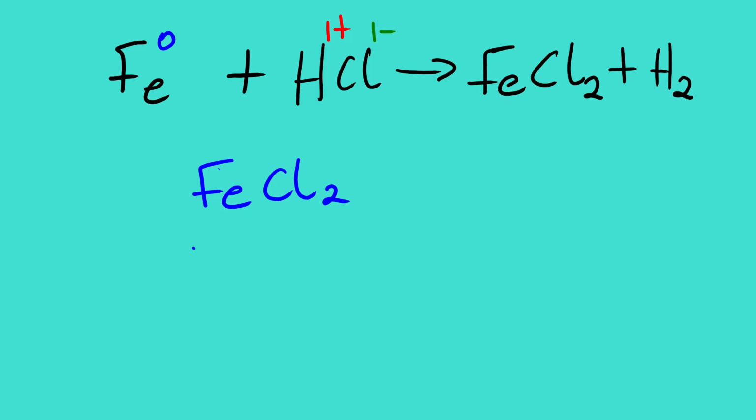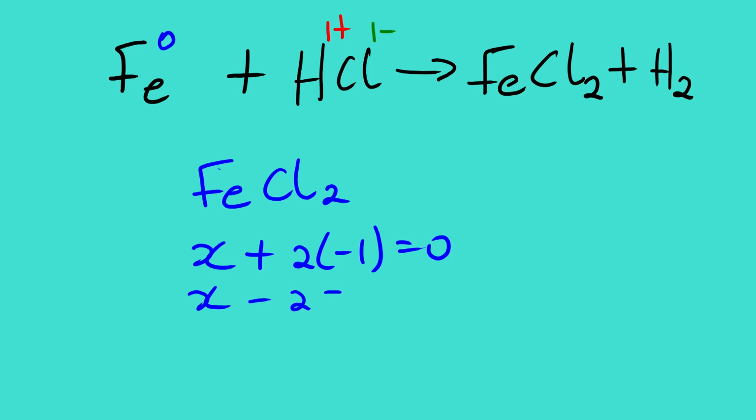So we have X plus 2 minus 1 is equal to 0, X minus 2 is equal to 0, X is equal to 2. So we can see that the oxidation number of iron in this case is 2+, and then of chlorine is 1-, and then hydrogen is actually 0 because it's a pure molecule.